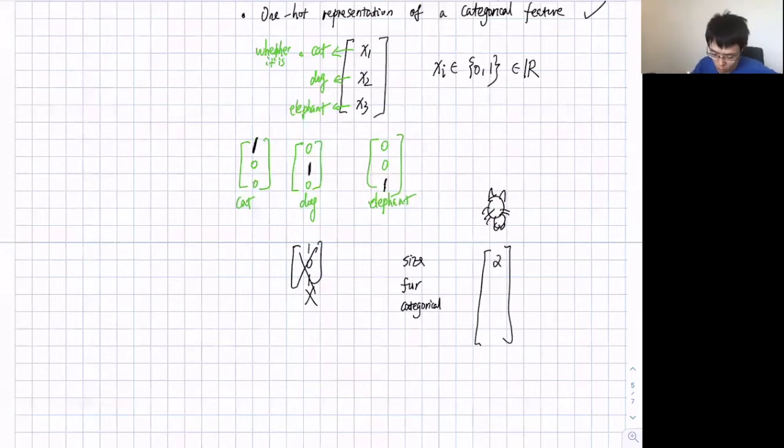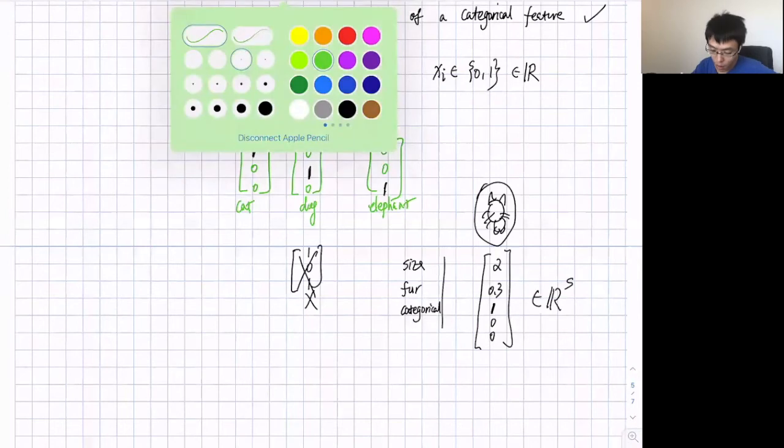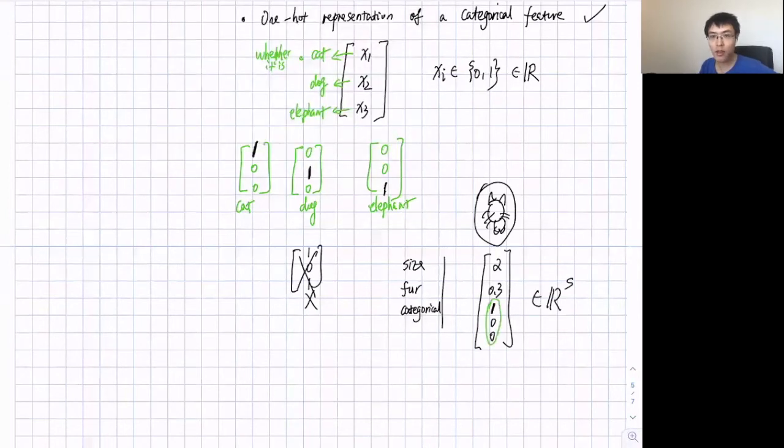The fur is soft, and the animal is actually a cat. I know it's a cat, so it's 0, 1, 0, 0, okay? And now you can represent this animal according to these features as a 5-dimensional vector. This categorical feature is expanded into 3 dimensions, and each dimension is either 0 or 1, but only one element is armed, and then you get a 5-dimensional space.